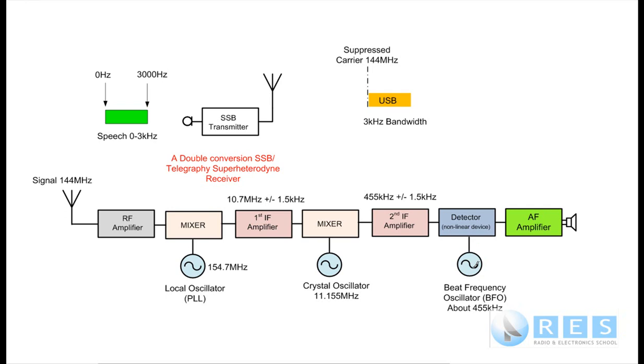If we're just 100 hertz out or a couple of 100 hertz out, our demodulated audio will sound a bit Donald Ducky, and hence the reason why SSB sounds a bit Donald Ducky sometimes is because people haven't got their BFO adjusted to exactly the correct frequency.